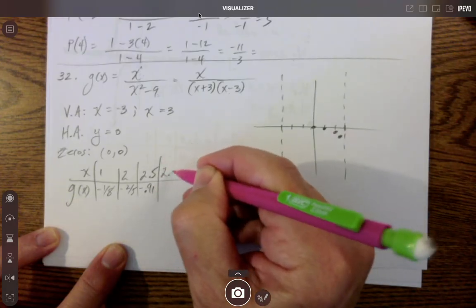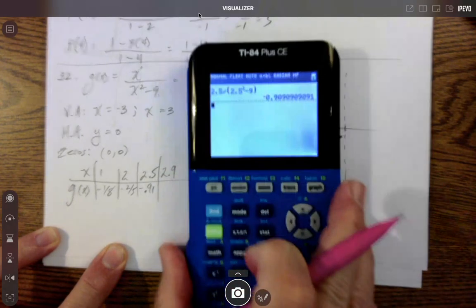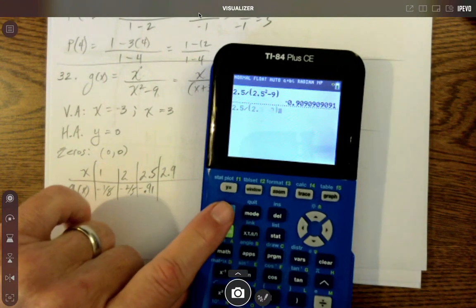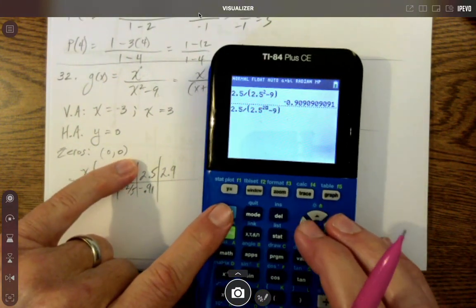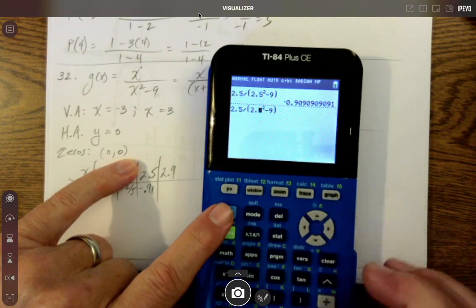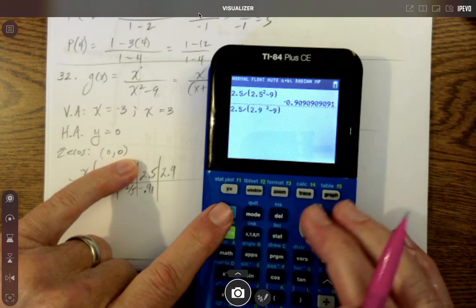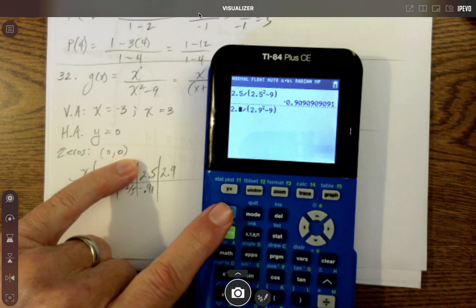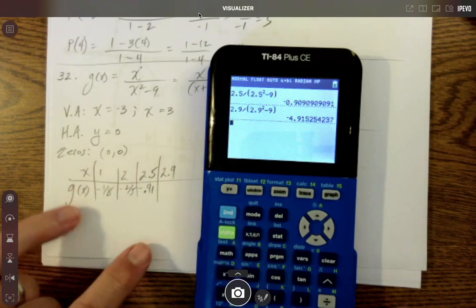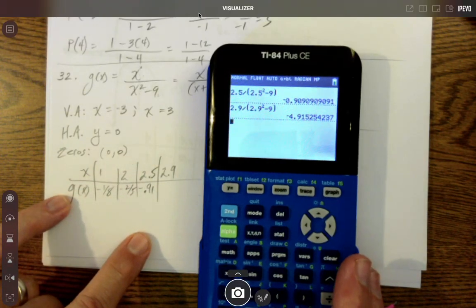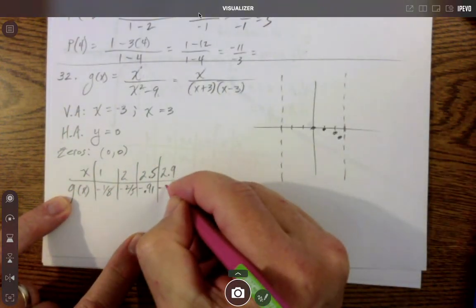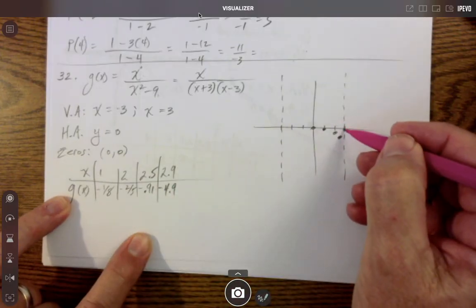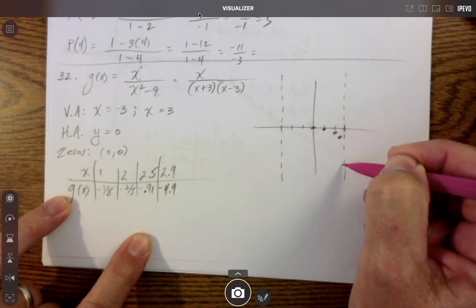How about 2.9? What happens? So I'm just going to replace this 2.5 with 2.9. Almost negative 5, right? Negative 4.9. So when you get really close to this line, you're already down here, like negative 5.